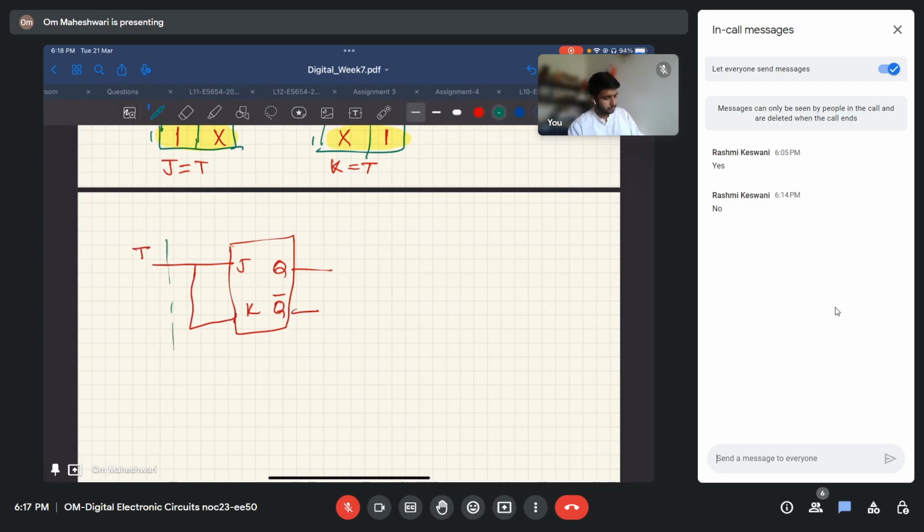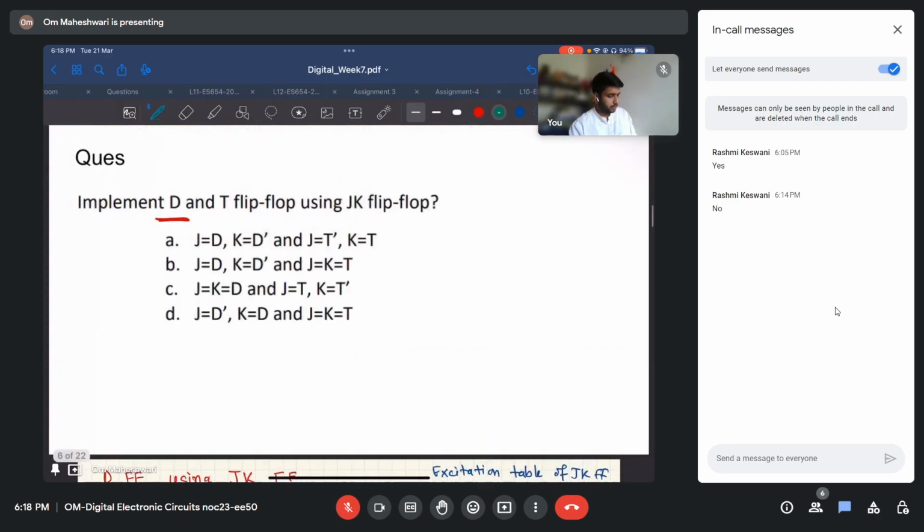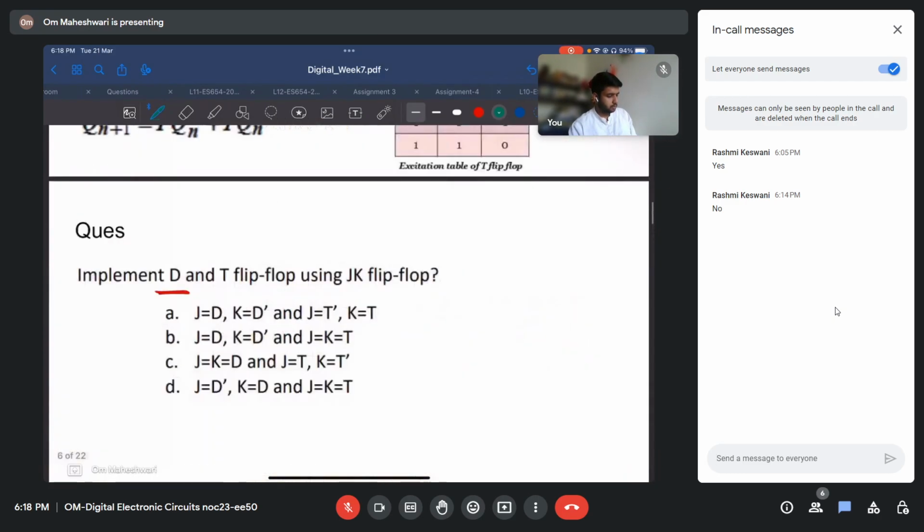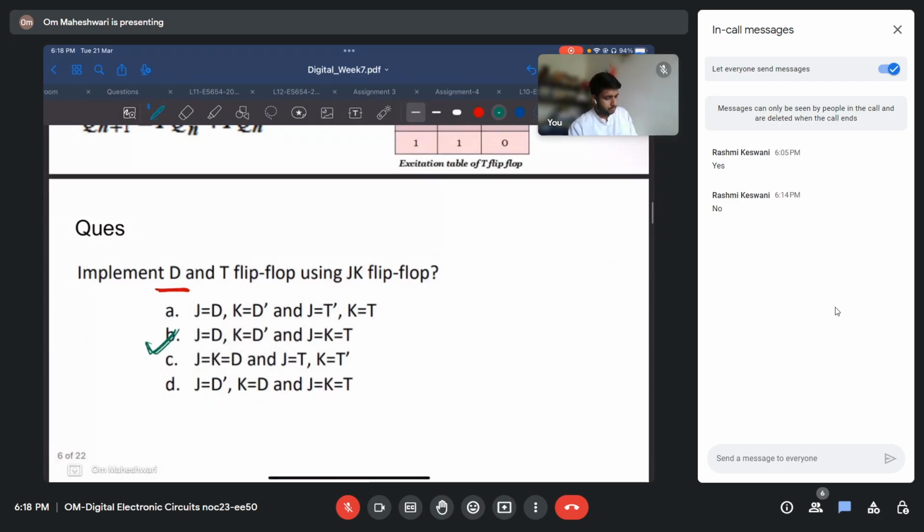Very easy. So our answer will be B. Right. B is the correct.